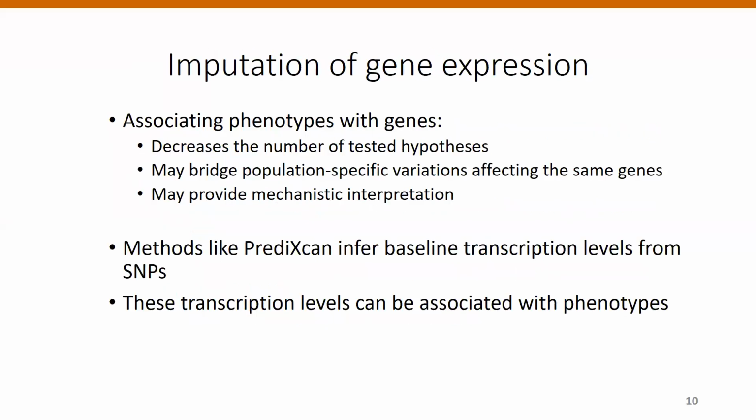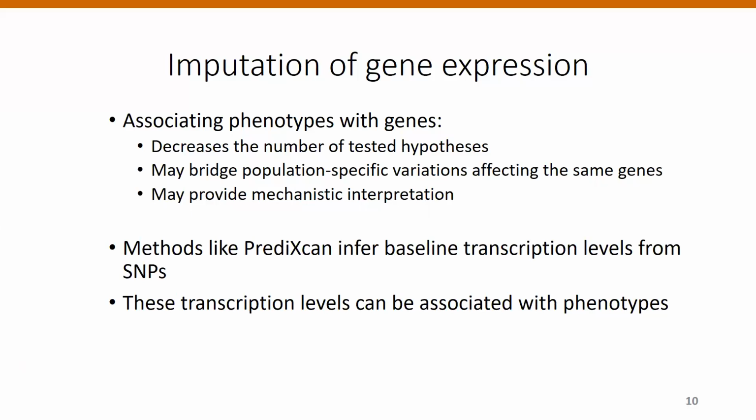So if you could associate phenotype directly with gene, you could decrease the number of tested hypotheses because obviously there are fewer genes than measured SNPs in a typical SNP array or even whole exome or genome sequencing as today. It might bridge population-specific variations affecting the same genes.